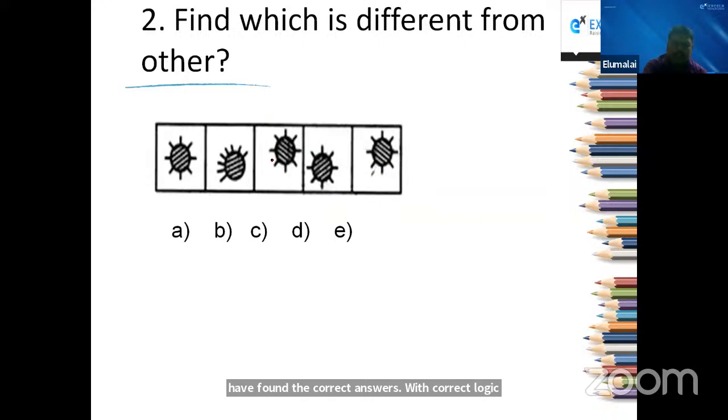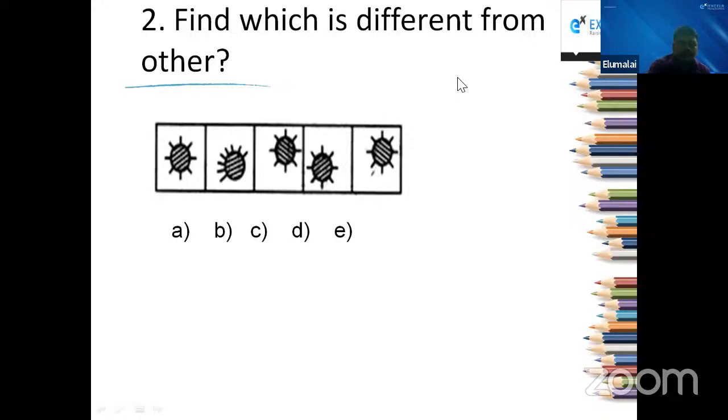Right. Good. Then find the answer to this. Very good.